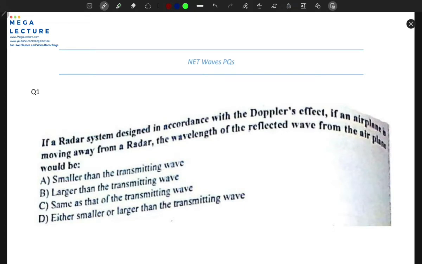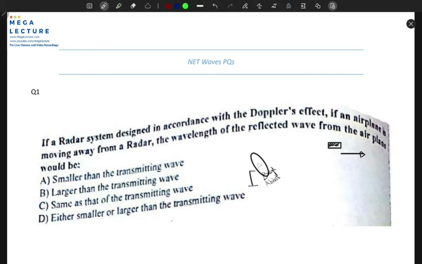So let's think about what is happening. We have a radar, so it's like a satellite, right? And it's attached to the ground. Now we have an airplane. I'll just draw an airplane with this rectangle-like thing, and it is moving away from the radar, right?